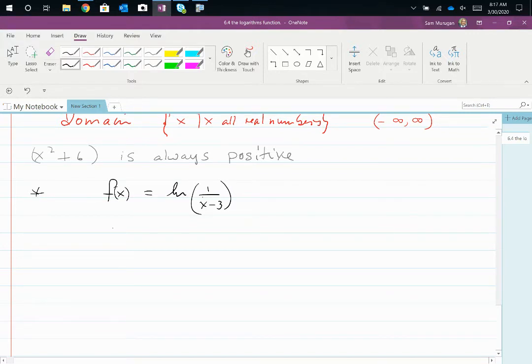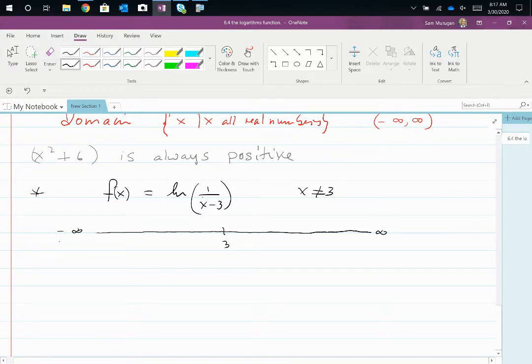So to do this, the critical number here is x cannot equal 3, right? So set 3 here. Use a number line test, just like we did for testing rational functions.